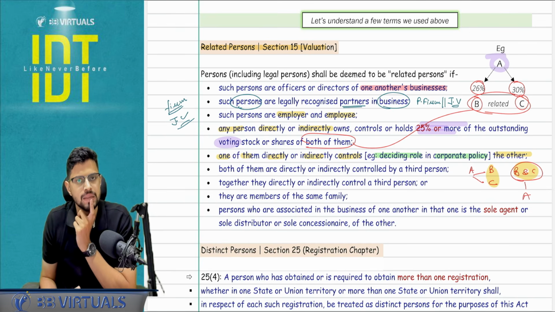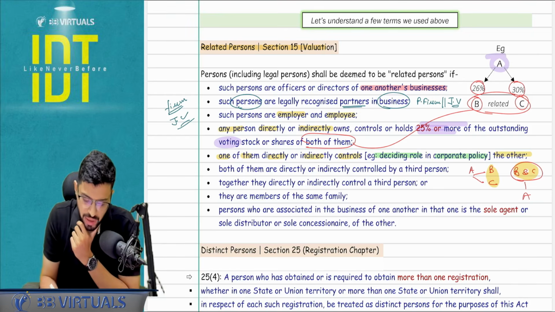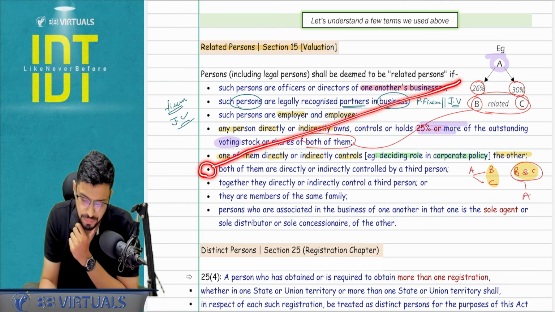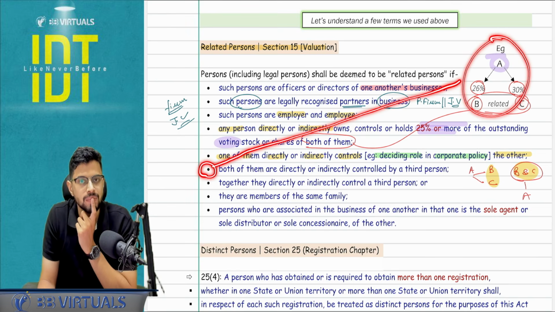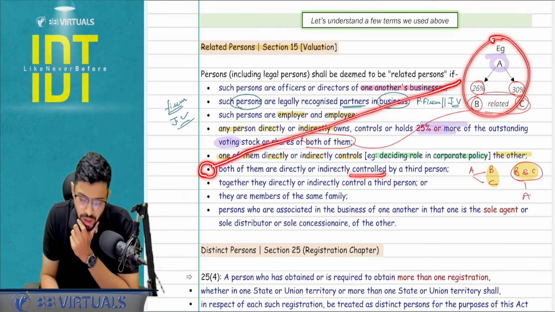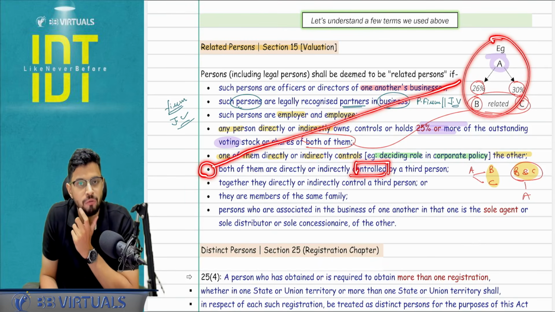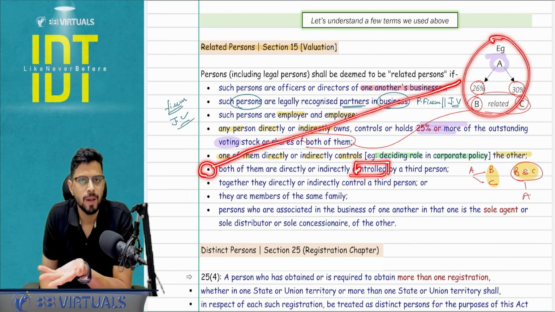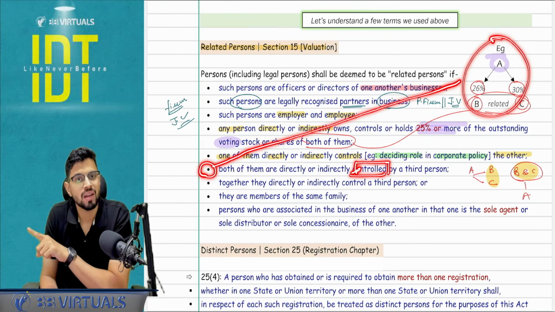But sir, what is the difference between this and this? Here I am using the word control, which is not defined. One of the possible ways of control can be voting, but that will require 50%.